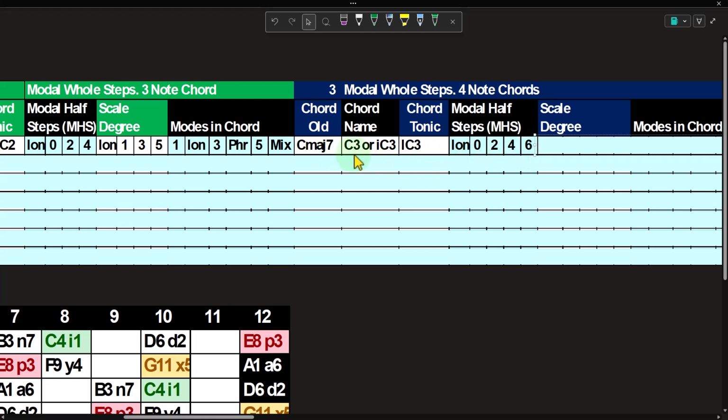Note, either convention assumes that we're going to start with a baseline triad and all of the modal half steps before the one that we are on are included. So as we go up the scale degrees or go up modal whole steps, we assume that all other notes are included.